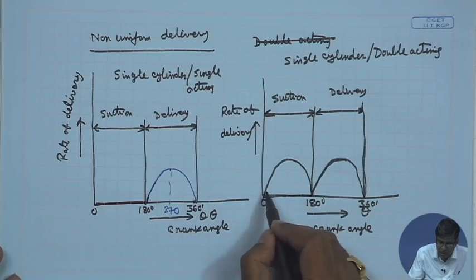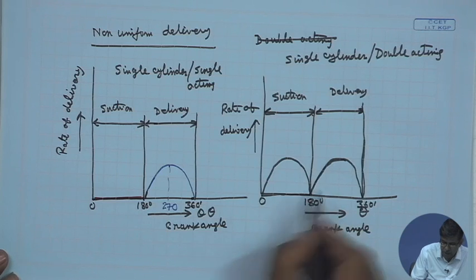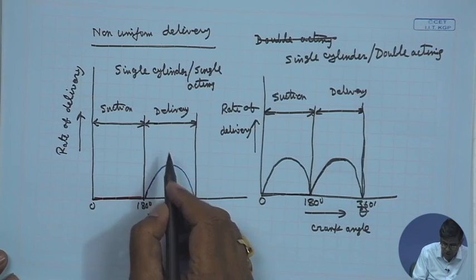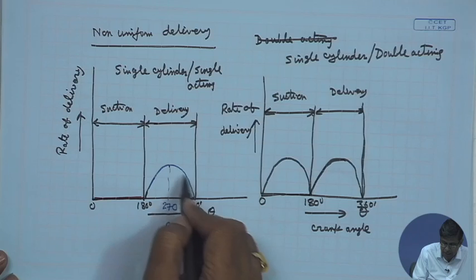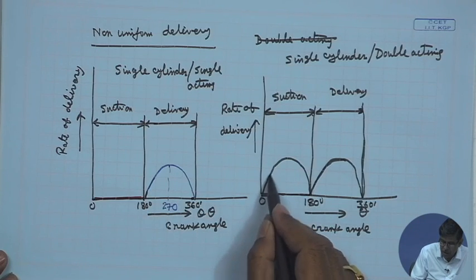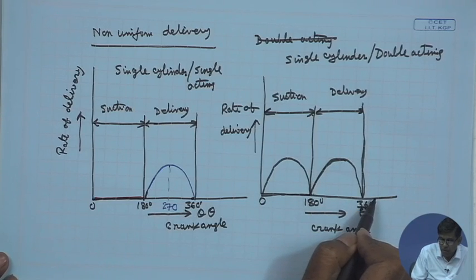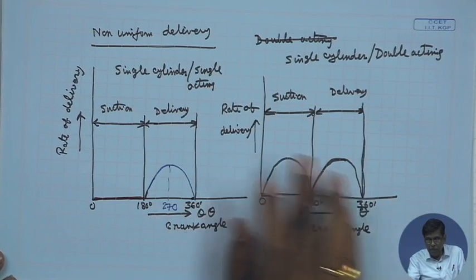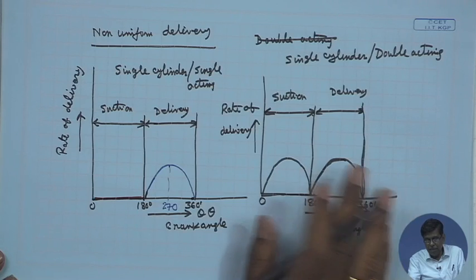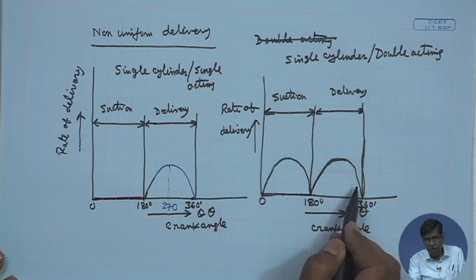So, therefore, there will be a non-uniform but continuous distribution of delivery. Here delivery is not continuous and at the same time non-uniform, but here delivery is continuous, though non-uniform. So, therefore, you see, if we make the pump cylinder double acting, we have a continuous delivery, but non-uniform.